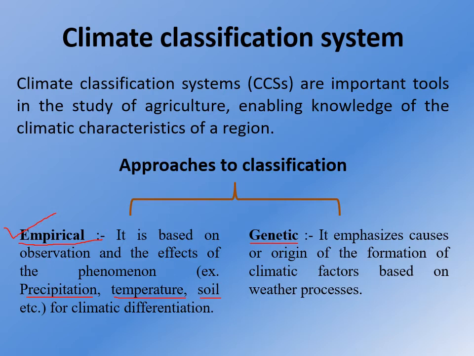So basically we are trying to find the reasons behind the occurrence of any particular type of climatic condition or climatic elements. So we are trying to find the genesis of that particular condition. That is why this kind of approach to classifying climate is known as genetic classification.